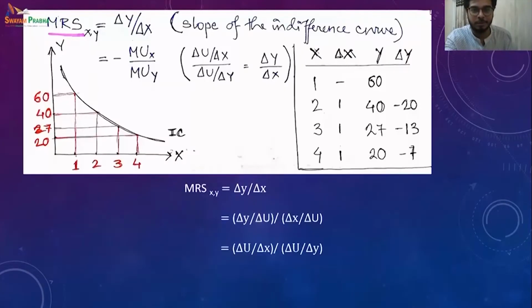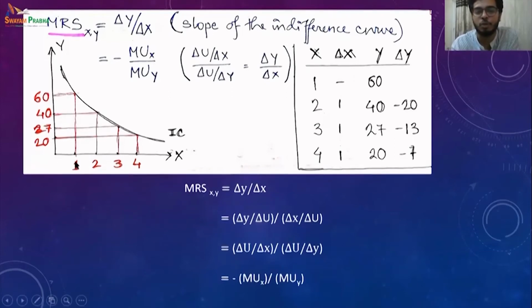I'll just go back to maybe this example. When I'm moving from 0 to 1, or say 1 to 2, with 1 unit of X, I had 60 units of Y, and with 2 units of X, I am having 40 units of Y. So how much did I sacrifice? On the right hand side, you can see that X goes from 1 to 2.